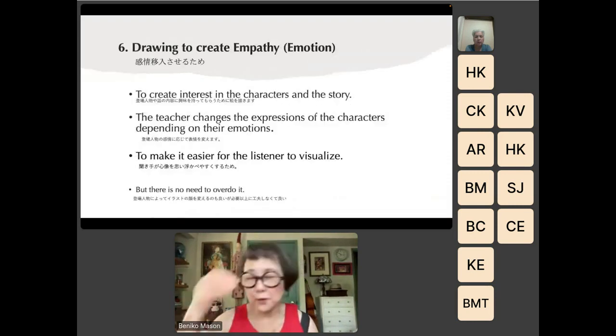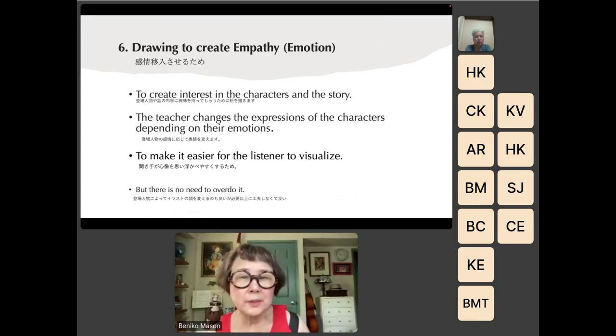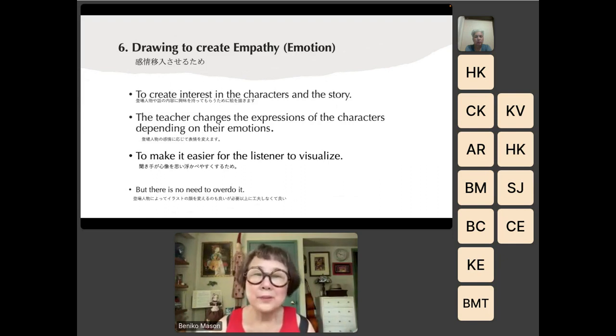Okay, that's for comprehension. Another one is drawing to create empathy, to create interest in the characters and the story. You know, when you say, "Once upon a time there was a woman," she was very, very poor. She had 5 children, but because she was poor, she was sad.